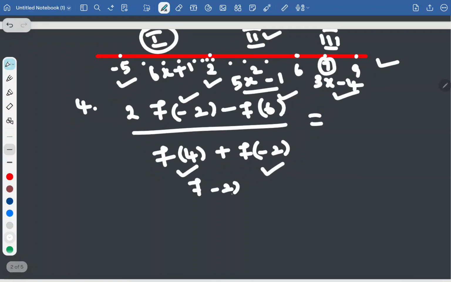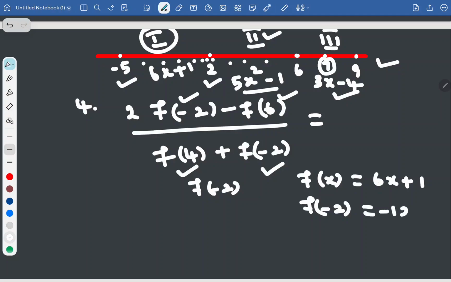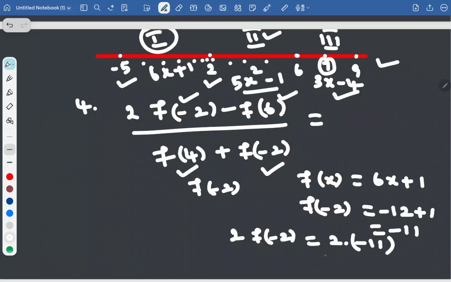For f of minus 2, what is f of x? Minus 2 means first interval. For the first interval f of x is 6x plus 1. f of minus 2 is minus 12 plus 1, minus 11. 2 times f of minus 2 means 2 into minus 11. Answer is minus 22.